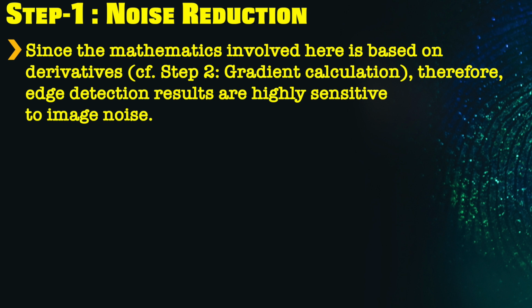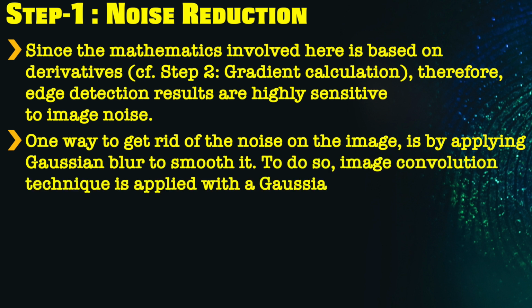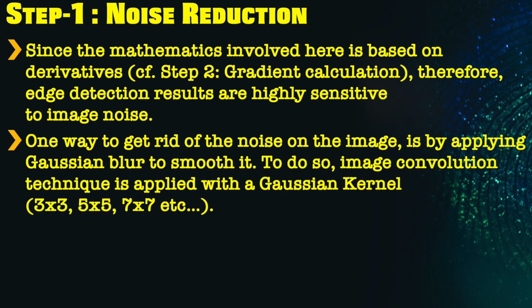So noise reduction is very important before going to edge detection. Canny's model says you first go for noise reduction, and the filter he used for it was Gaussian.